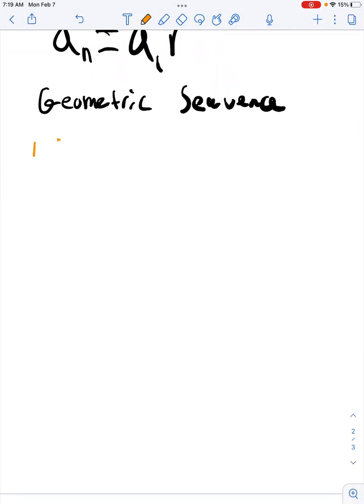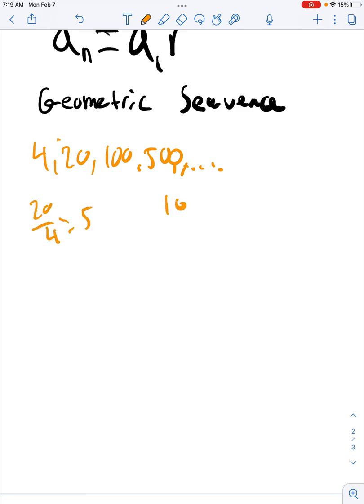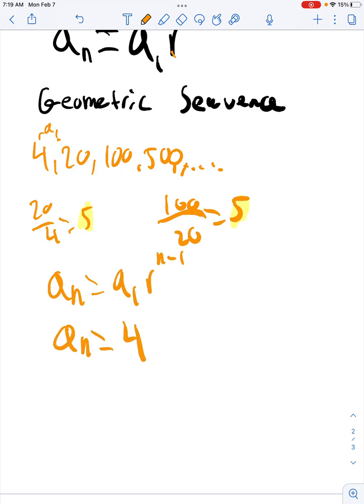So if I had the sequence 4, 20, 100, 500, again, 20 divided by 4 is 5, 100 divided by 20 is 5. I can see that my common ratio is going to be 5, and my first term is 4. So if I'm just filling in my equation, I got 4, and then I just found that my common ratio was 5, and then it's n minus 1.